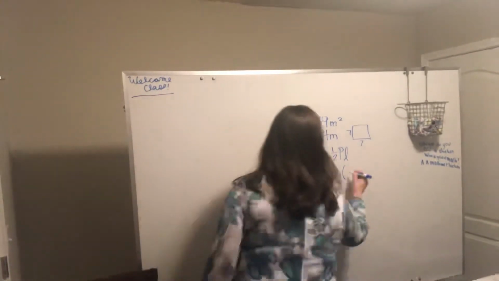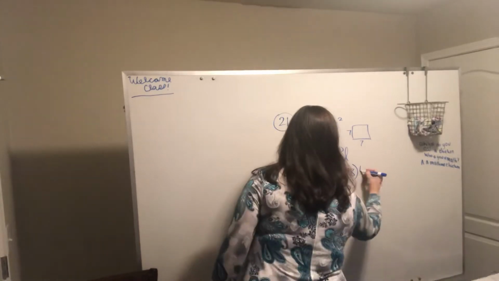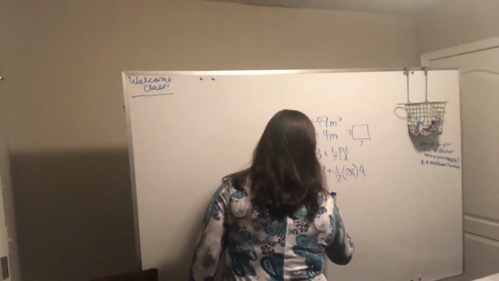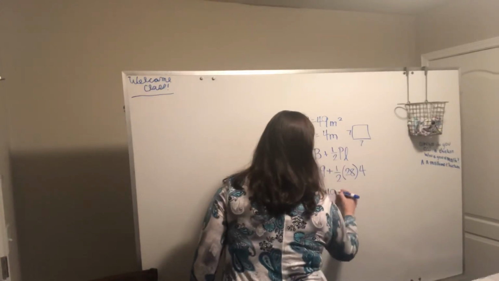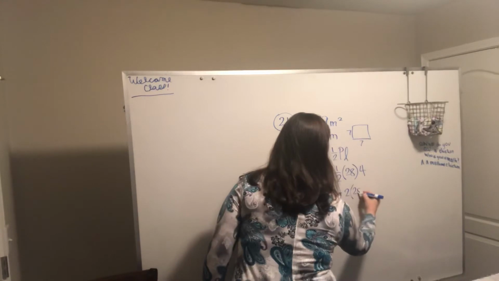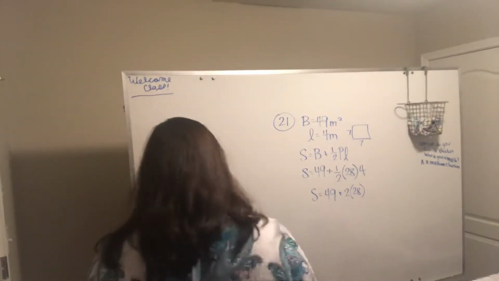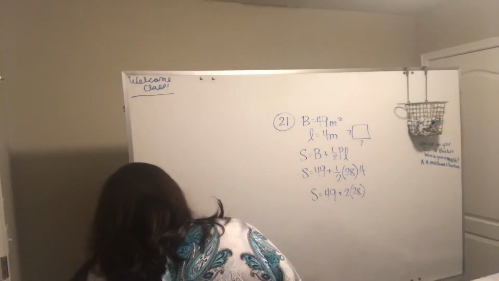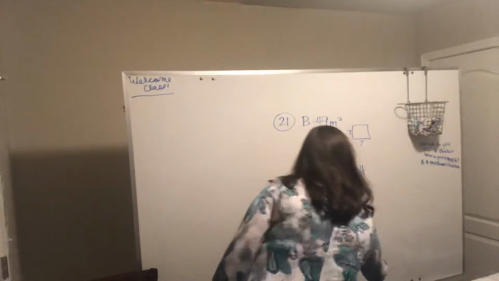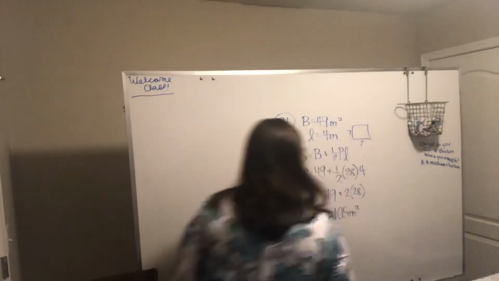Okay, 7 times 4, 28. And my slant height is 4. Okay? I usually will divide that 4 by 2 and just say, all right, 2 times 28. Okay? That'll give me 49 plus 56. And my area there will be 105 meters squared. Okay?